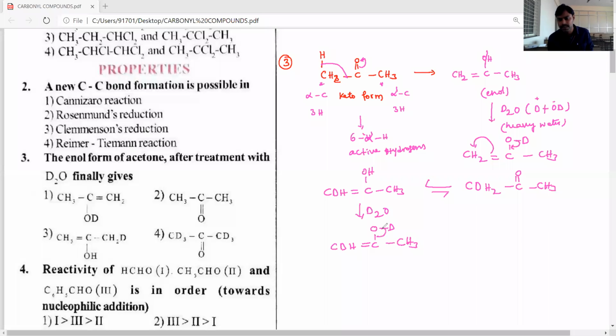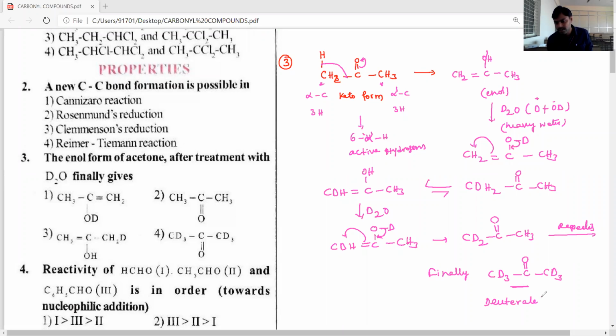Again this enol is unstable and rearranges to give CD2H-C(=O)-CH3. This process repeats. Finally all active hydrogen atoms are replaced by deuterium atoms, and we get CD3-C(=O)-CD3, deuterated acetone.